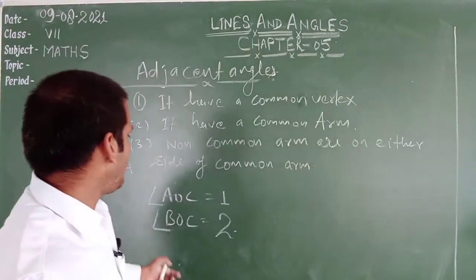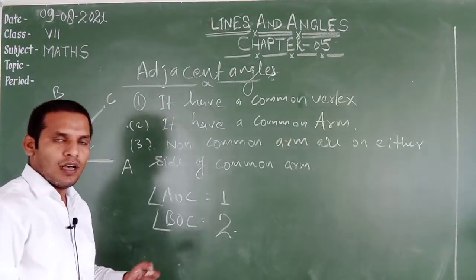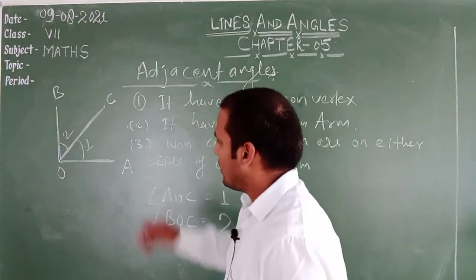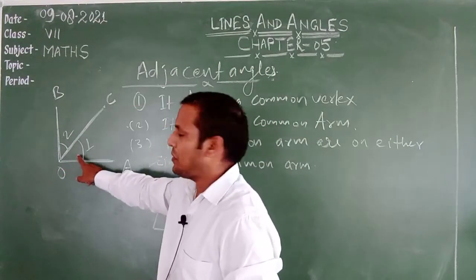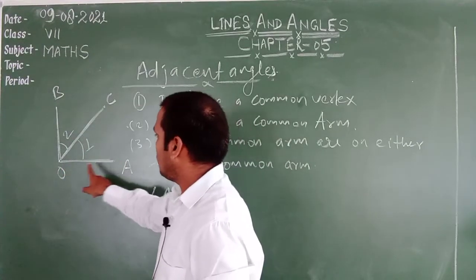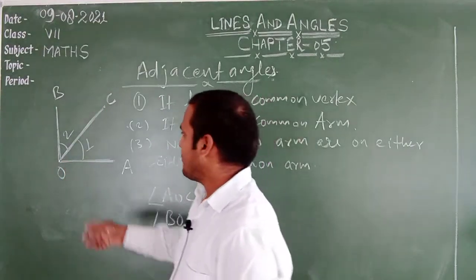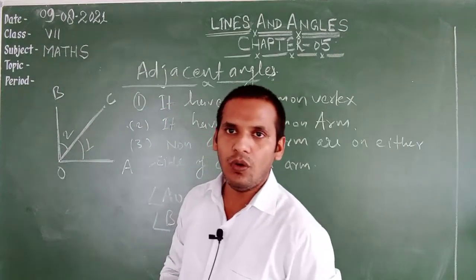You can also write COA or COB. The first angle you can represent either as AOC or COA. Both are the same. For the second, you can write COB or BOC.